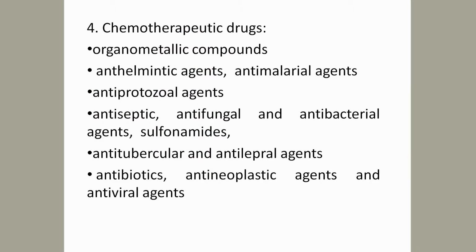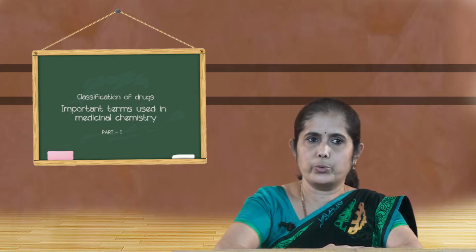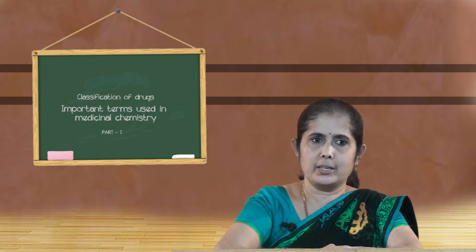The next class of drugs is chemotherapeutic drugs. These are given for infectious diseases. These infectious diseases are of different types depending upon the pathogen, whether it is a virus, bacteria or fungi. In this class there are many drugs, coming under organometallic compounds and anthelmintic agents.